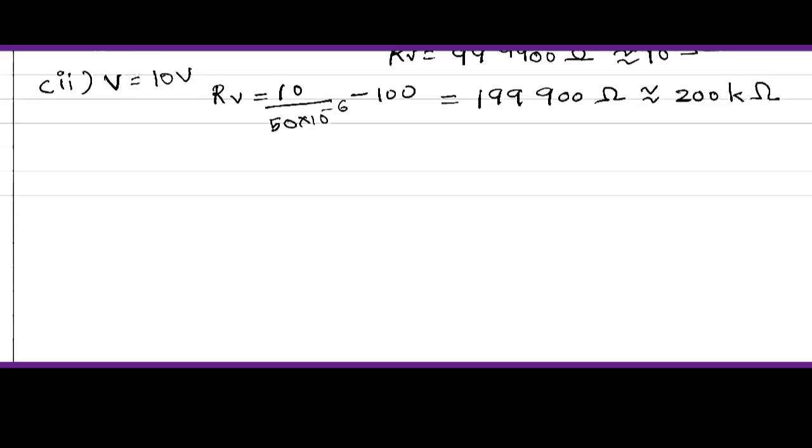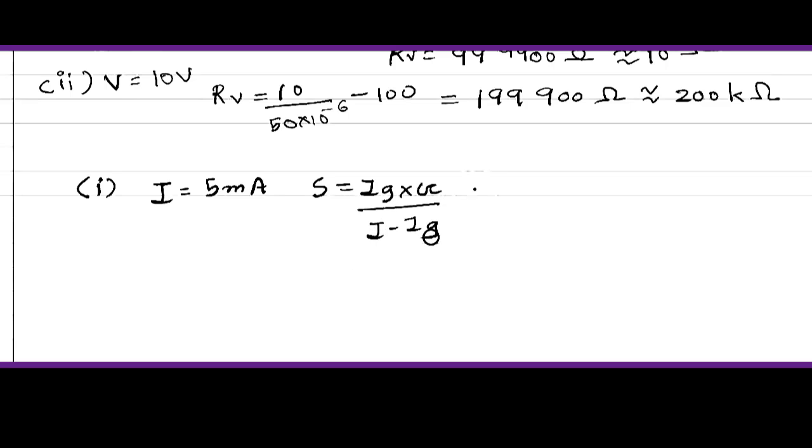Now, to use the given galvanometer as an ammeter, a shunt resistance S should be connected in parallel. So, from our third option, we will take I is equal to 5 milliampere. For finding shunt resistance, S is equal to Ig into G divided by I minus Ig.